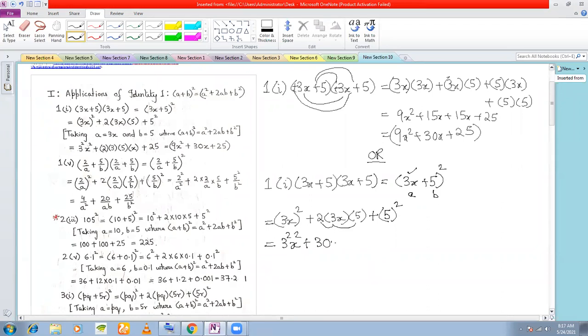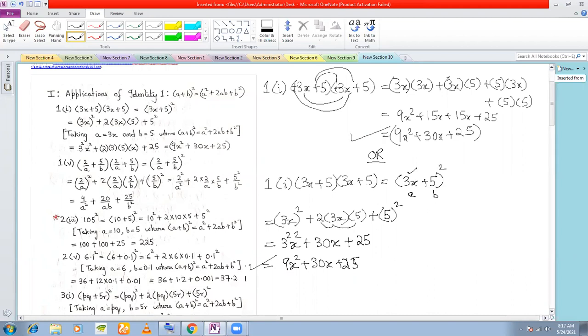And you have an x here. And 5 square is 25. So this will be 3 square is 9 x square plus 30x plus 25.